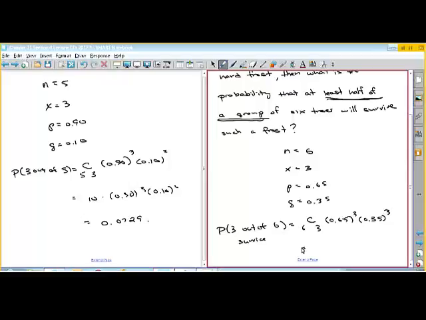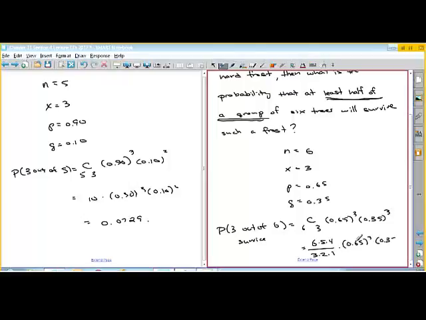So this number is always that. This minus that gives you that number. And 6 things taken 3 at a time, I'm using my shorthand: 6 times 5 times 4 divided by 3 times 2 times 1.